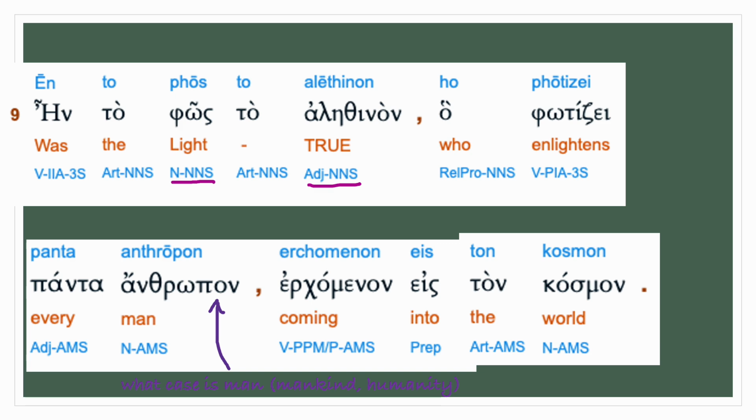And world is therefore the object of a verb being done by the nominative. So both the man, as in mankind, and the world have a verb acting towards them. They are the object of the verbs, and they're being done by Jesus, who is the light, who is the true one that this sentence is talking about.